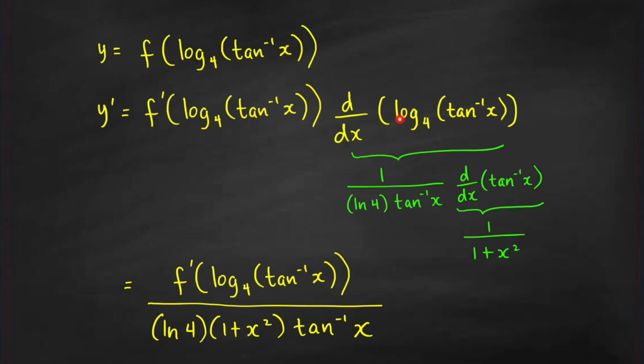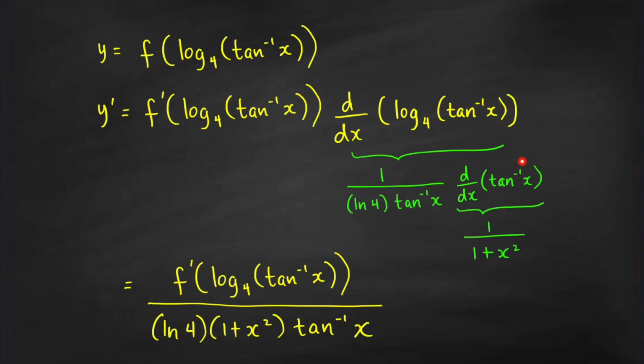So the derivative of log base 4 of tangent inverse x. Since we already have a formula for the derivative of log of a function at any base, we use that formula. It will be 1 over ln a, our a is 4, and then times u, tangent inverse x, times the derivative of u with respect to x.